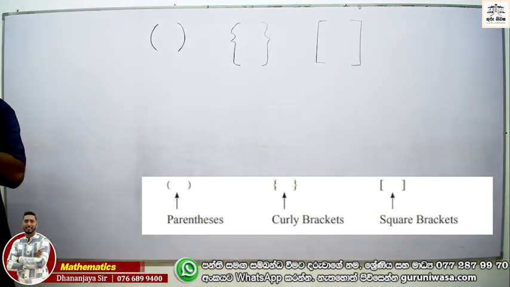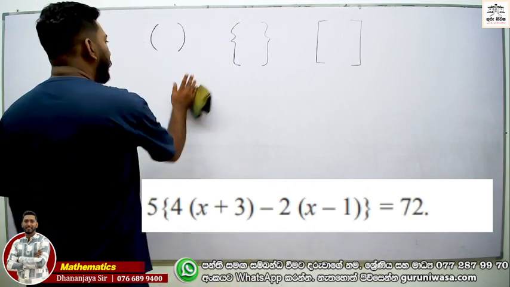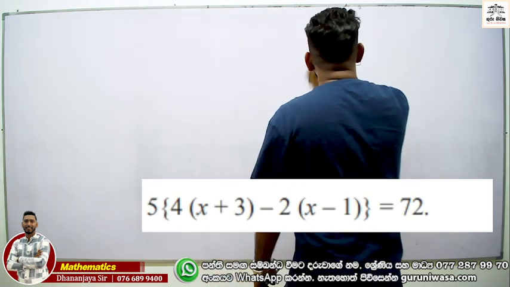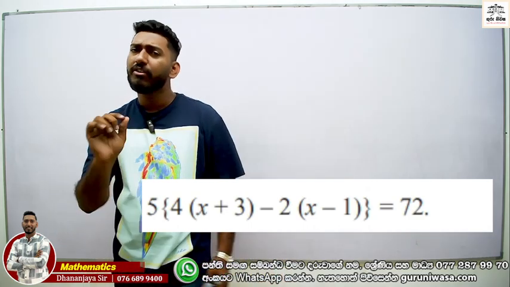Done, sir. Right. Now this is example number 1. Now I am going to discuss how to solve these equations. In linear equations, we have only one unknown term.